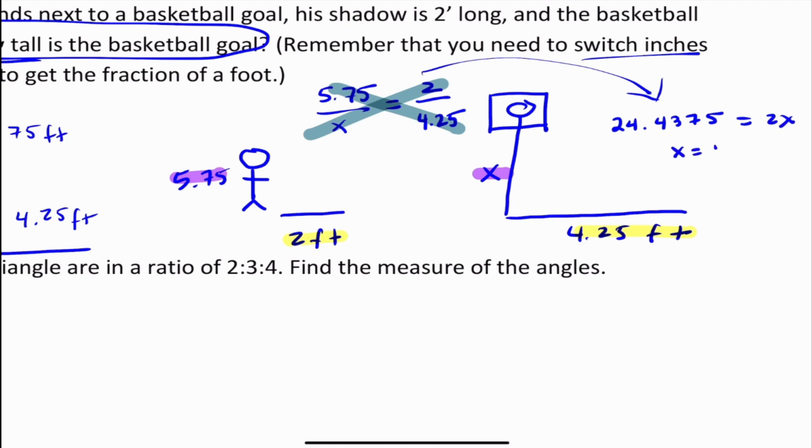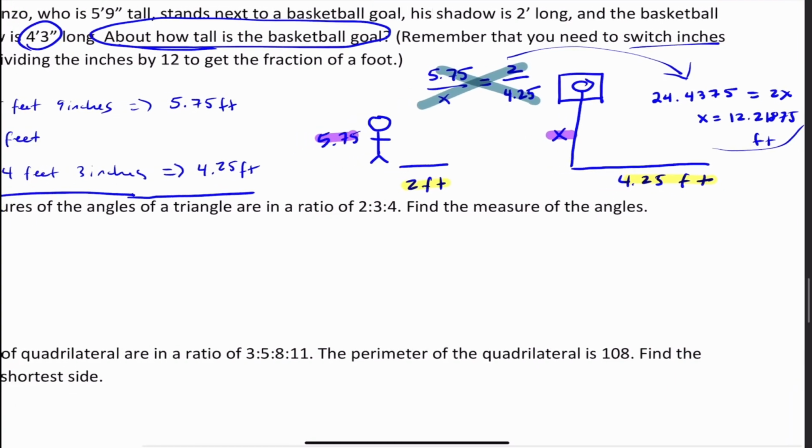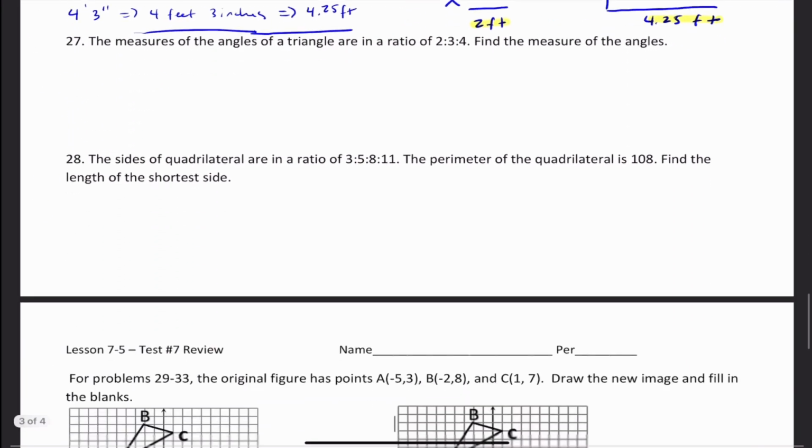So X is 12.21875 feet. It doesn't tell me to round here, so you can do whatever you want. You can say X is equal to 12.2, or X is equal to 12.21, or you can just give me this whole answer here. But if it tells you to round, you need to pay attention and do what it's asked. So please keep that in mind.